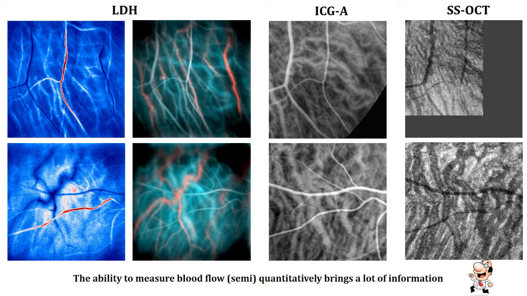And what it means is that this ability of LDH to measure blood flow, although in arbitrary units, but still semi-quantitative, allows to compare blood flow in adjacent vessels, or to study the variations of blood flow over a cardiac cycle, and this ability brings a functional contrast that is very useful to interpret the images.